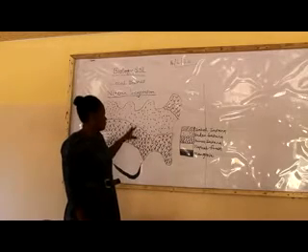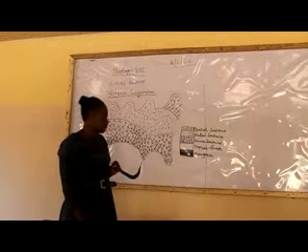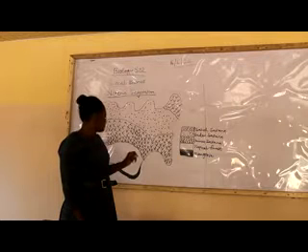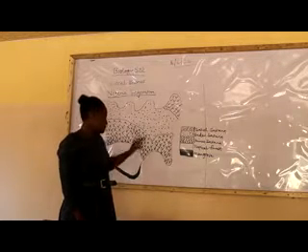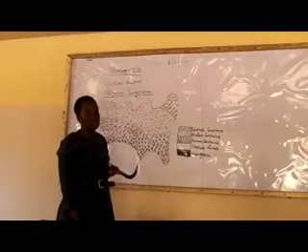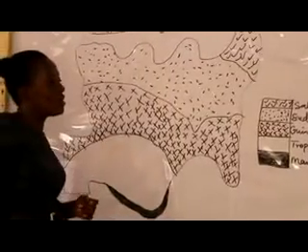put a map of the country showing you the various biomes of the country. So today, this is a map of Nigeria showing the different biomes that we have, our local biomes.